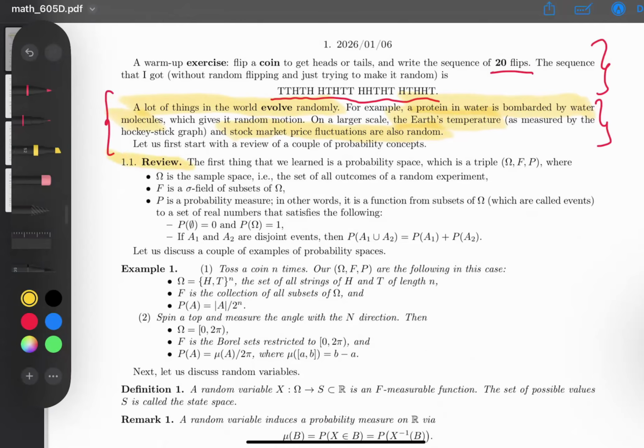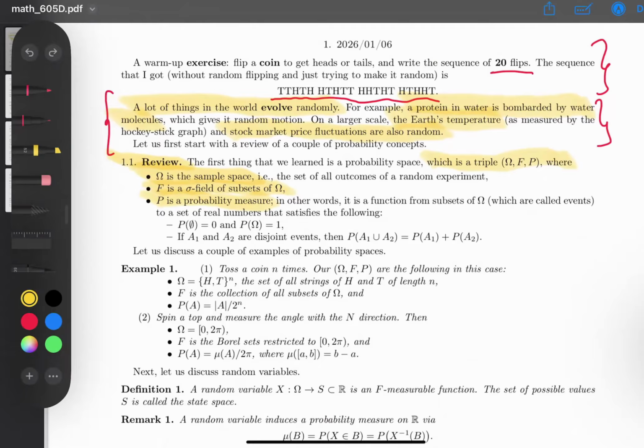The first part is a review. First, we need to remind ourselves what a probability space is. A probability space consists of a triple: the sample space Ω, F, a sigma field of subsets of our sample space, and a probability measure P. You can think of the sample space as the space of all possible outcomes.